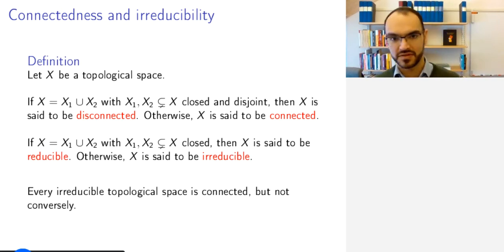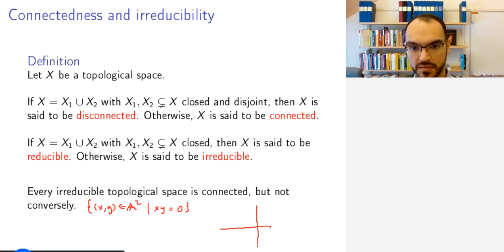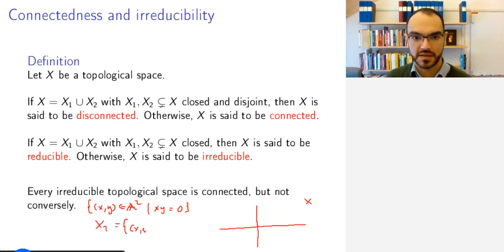So let's take an example from Zariski topology. We have the set of all x and y in A2 such that the product is 0. So this is the so-called coordinate cross. And if this is X, then you can define X1 as the set of x, y where y is 0, and X2 as the set of x, y where x is 0.